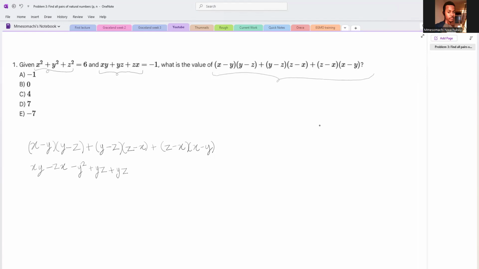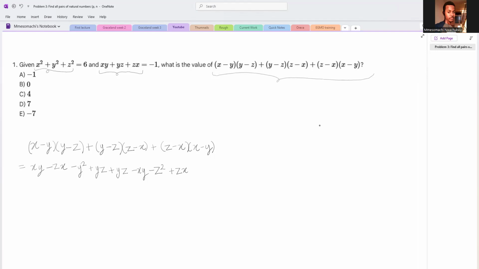Y times minus x, we get minus xy. Minus z times z, we get minus z squared. Minus z times minus x, we get plus zx. And then we'll have the last bracket.